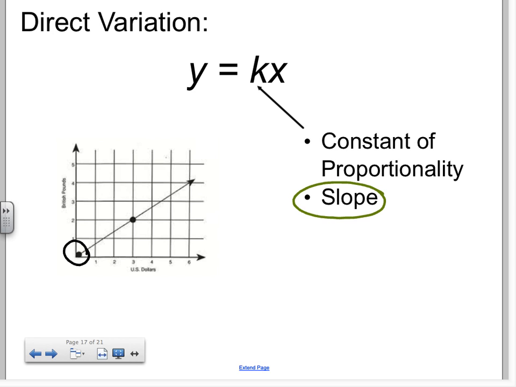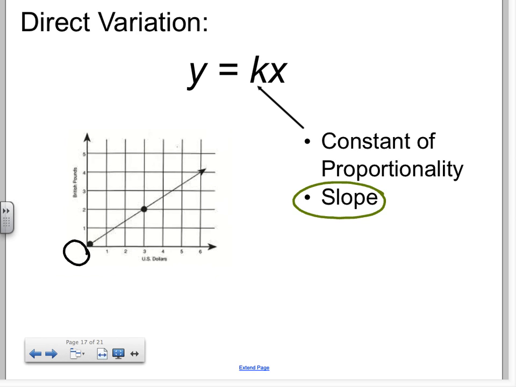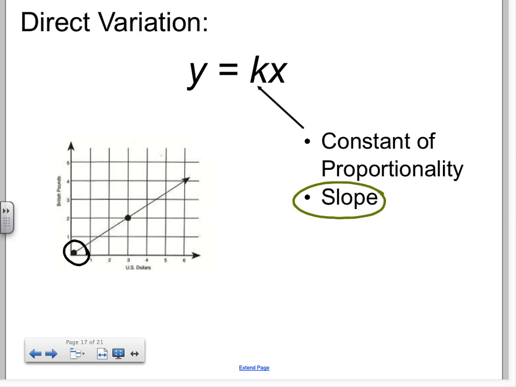So by the end of this lesson, hopefully you will see how k values affect the lines. Obviously, it's not just going to look like this graph anymore. You're going to be able to see all the different aspects of direct variation.